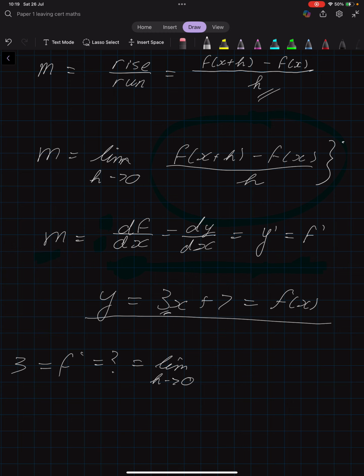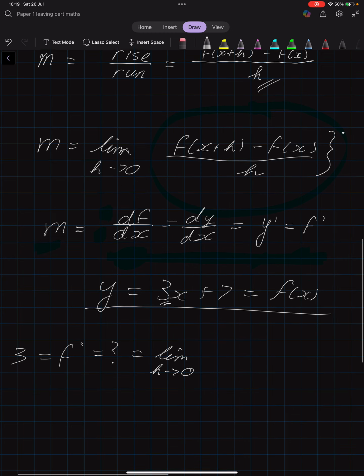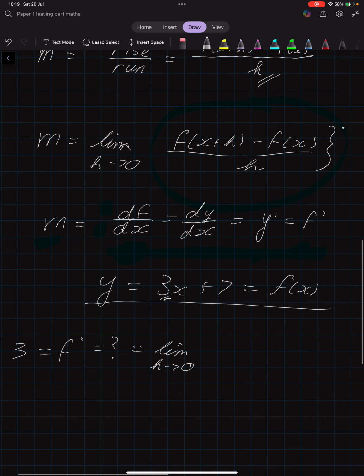All right? So, the limit as h goes to 0 of f of x plus h. So basically, wherever you see an x, you just replace it with an x plus h. So it's going to be 3(x plus h) plus 7 minus f of x, which is just 3x plus 7, all divided by h.